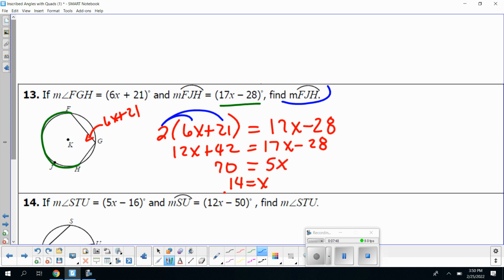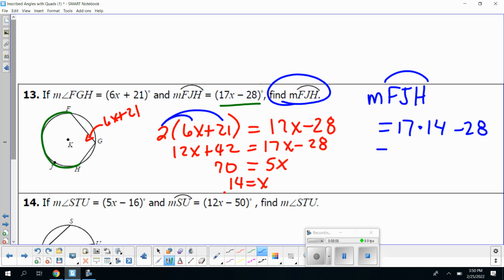No, they asked for you to find the measure of the arc FJH. So the measure of the arc FJH is going to be 17 times our x value, which is 14, minus 28, which is equal to 210 degrees. So that is the answer that we're looking for.